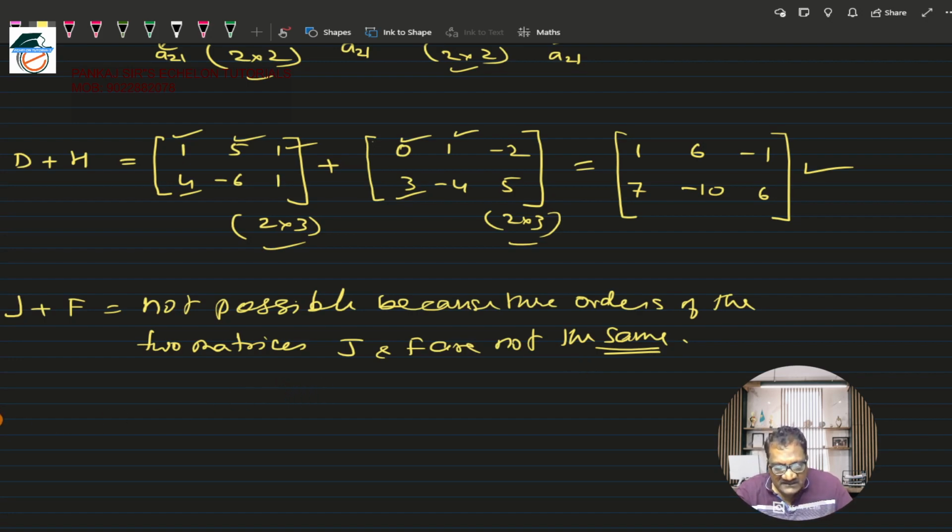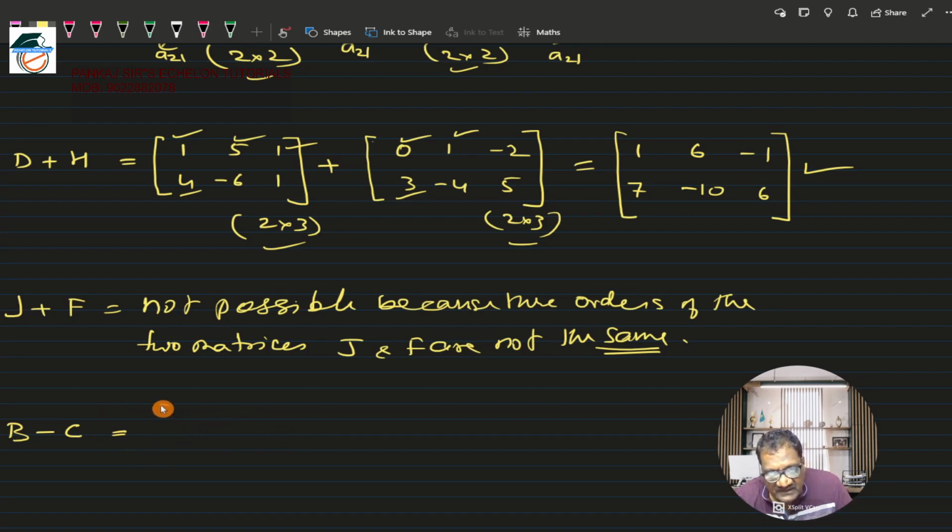Okay, so let us move on to the next one, that is the fourth one. Okay, the fourth one says that B minus C, matrix B minus matrix C, this will be what? So again, going to the B and C in the matrix form.